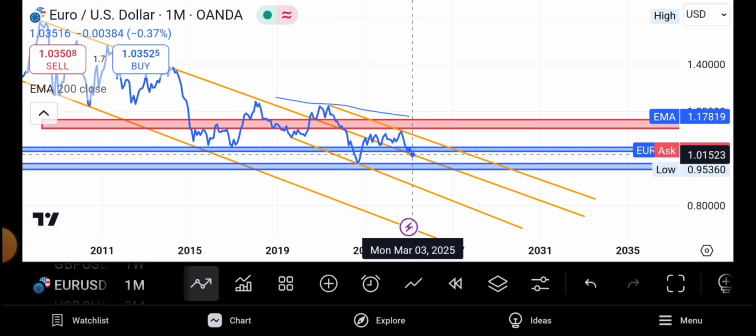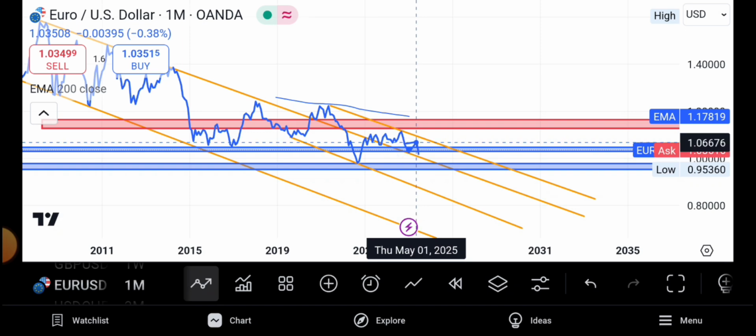So in this area we have a lot of potential buyers. Buyers have power here. We are expecting the buyers to push the price a little bit upward. That is our expectation as per the current price action.